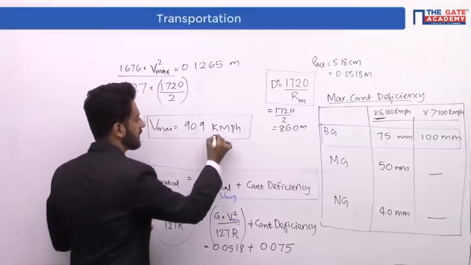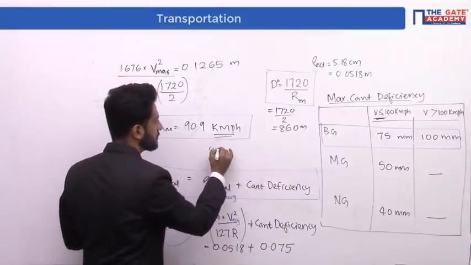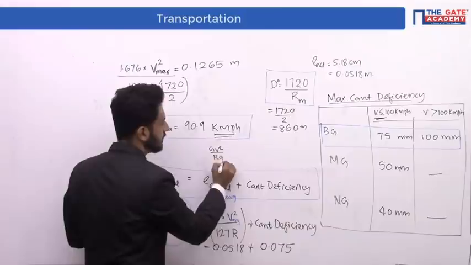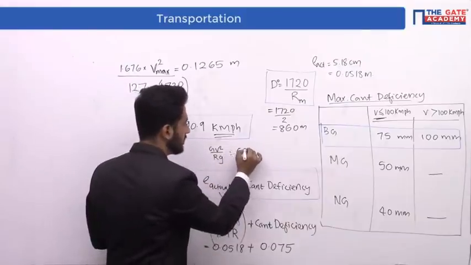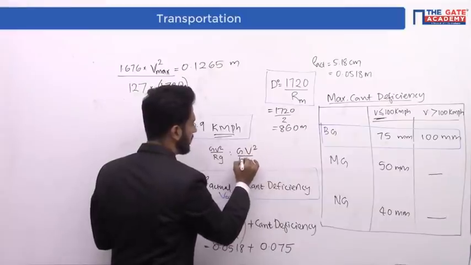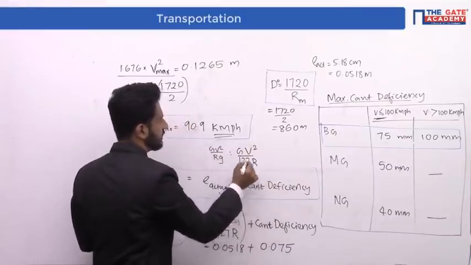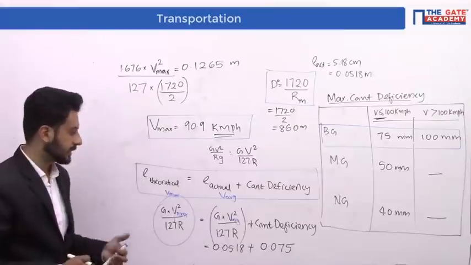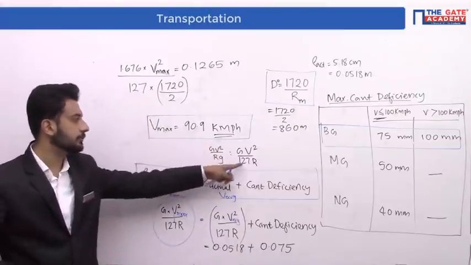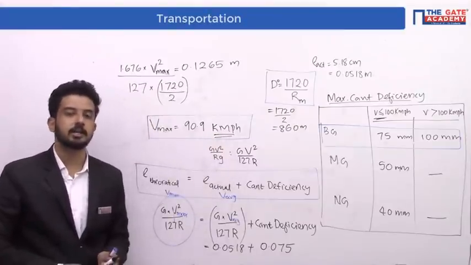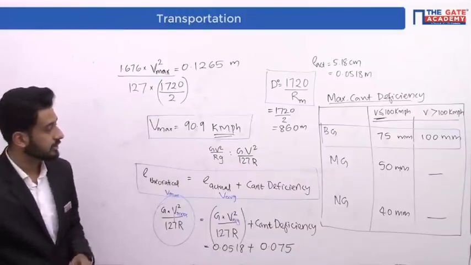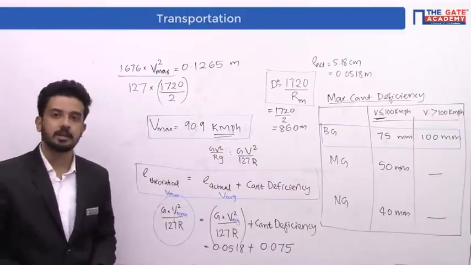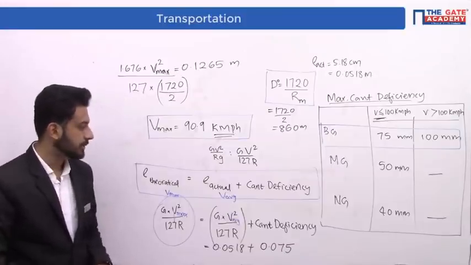Okay? Always check the unit also. If we are using GV square by RG, then we will be in meter per second. If you are using G capital V square by 127 R, then we will be in kilometer per hour. So we have used this equation. So directly we are getting in kilometer per hour. Okay. So just go through the solution once again and understand the concept.